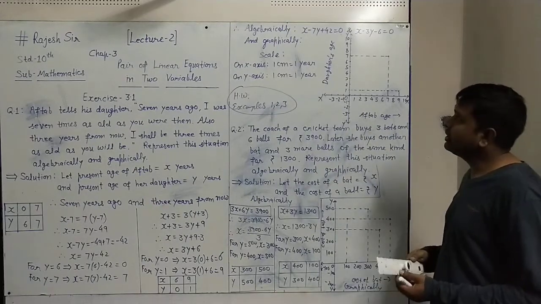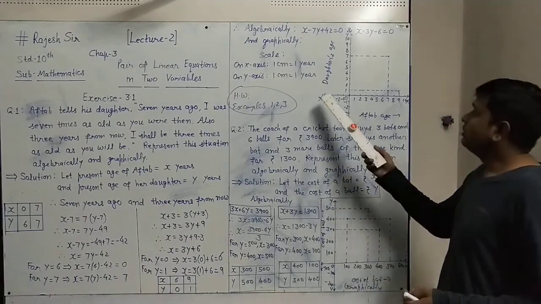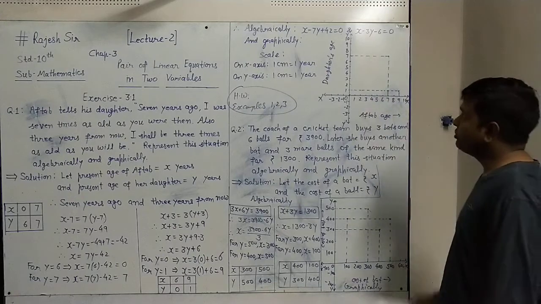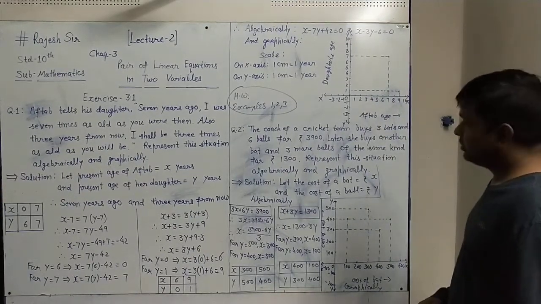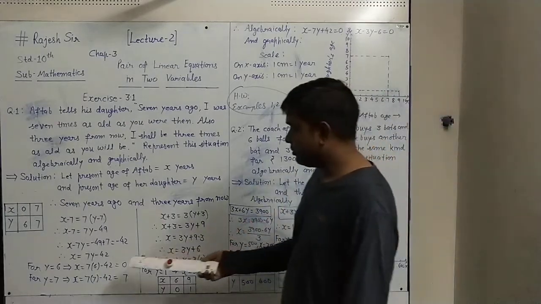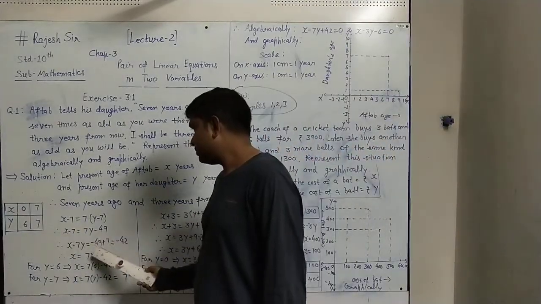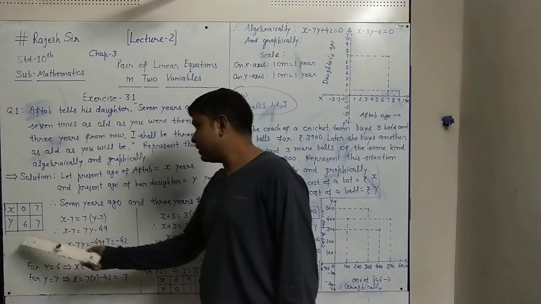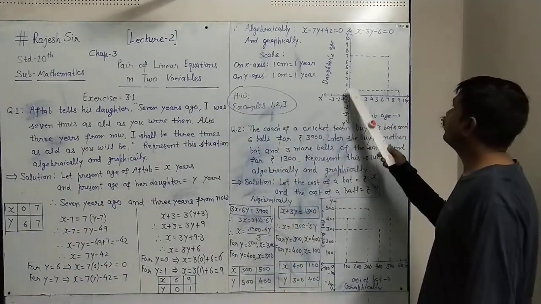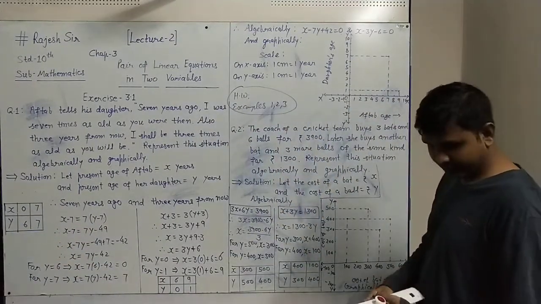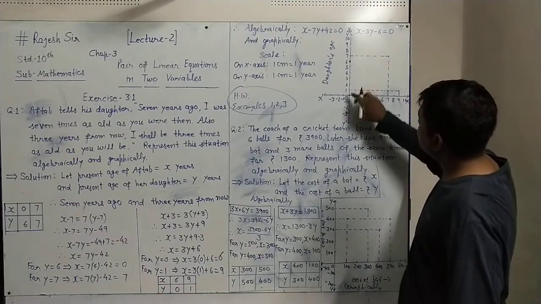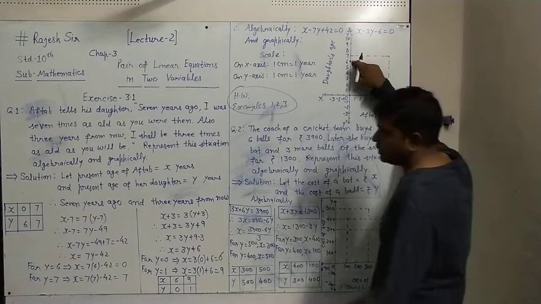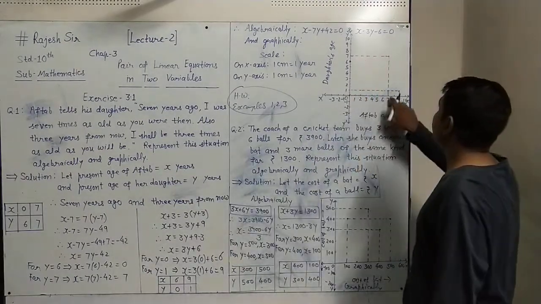Now to show graphically, we will take x dash and y dash, you know very well. On that, for this first equation, we will draw the graph. So it is 0, 6, x 0, y 6 is this point, and 7, 7 is this point.